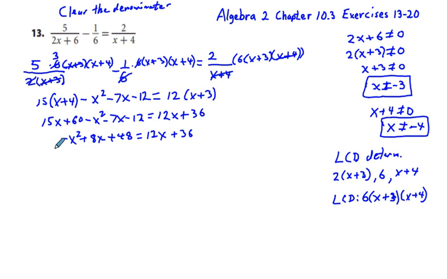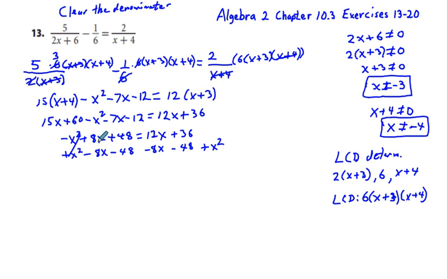Now what I'm going to do is get rid of everything on the left side. And the reason I'm going to do that is because I'm going to want to have this x squared become positive. So I'm going to add x squared, subtract 8x, and subtract 48. And do likewise on the right side. So we're going to have plus, up on the right side, plus x squared. And we'll have minus 8x and minus 48.